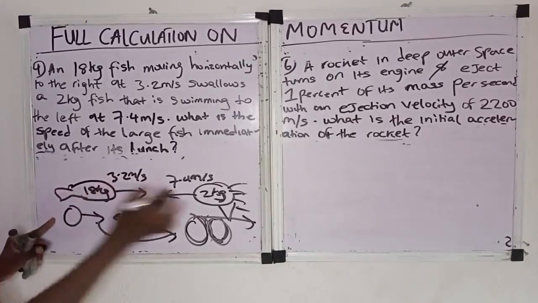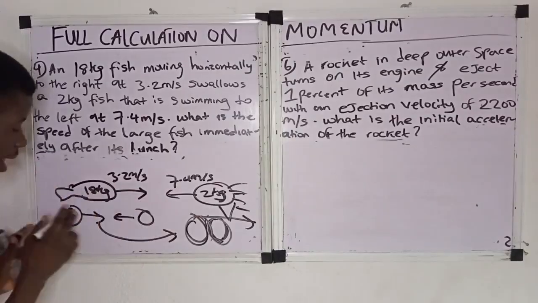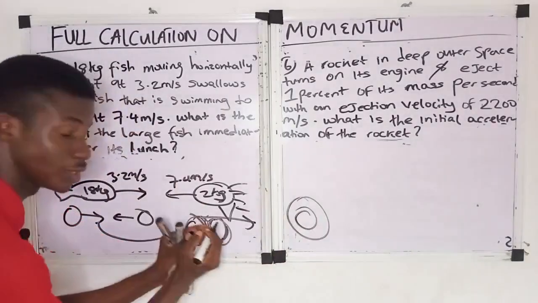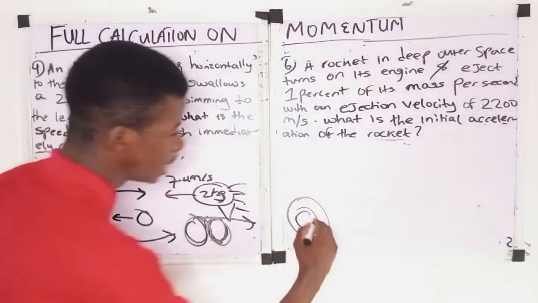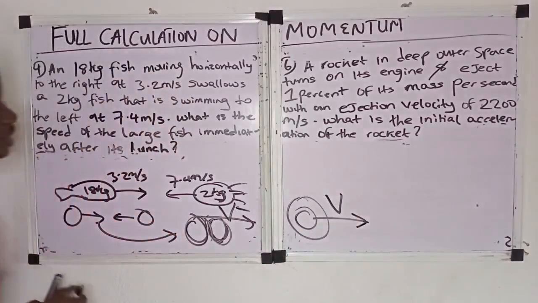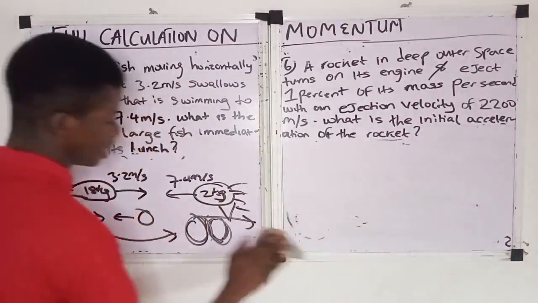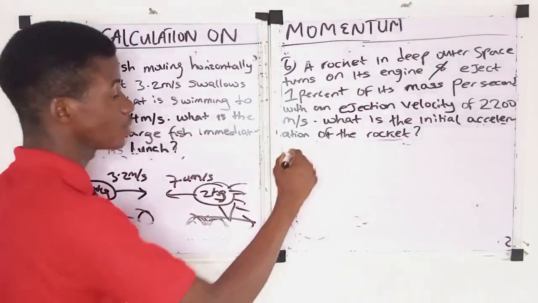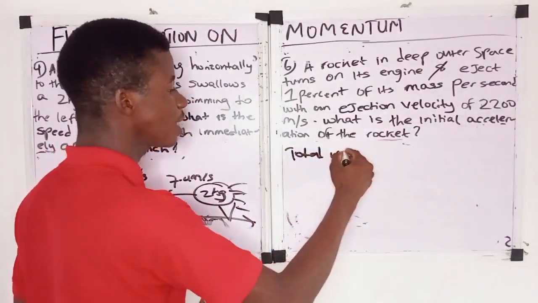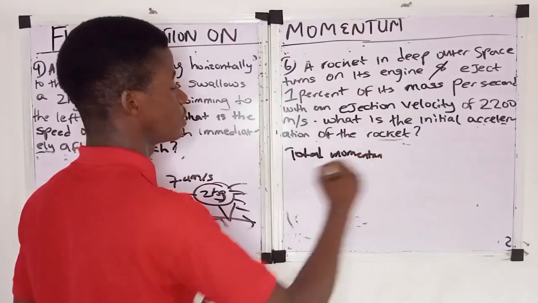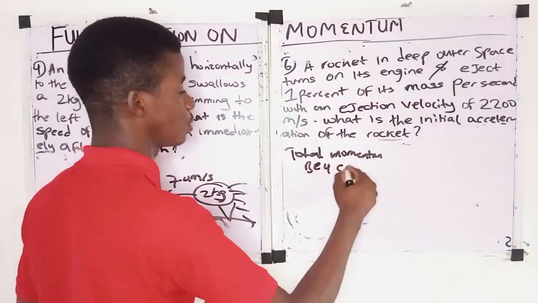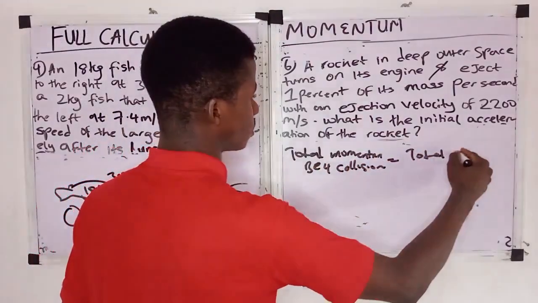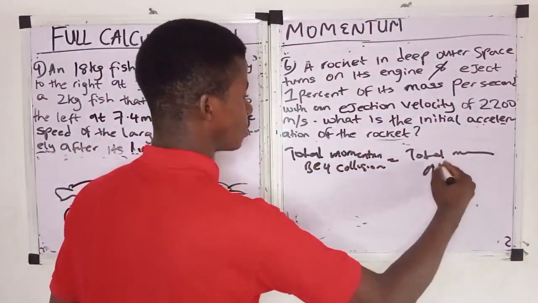Normally these two were moving towards each other, and this bigger fish swallows the smaller one. They now stick together. They want us to calculate the final velocity, which is very easy. We are using the law of conservation of momentum. Total momentum before collision equals total momentum after collision.